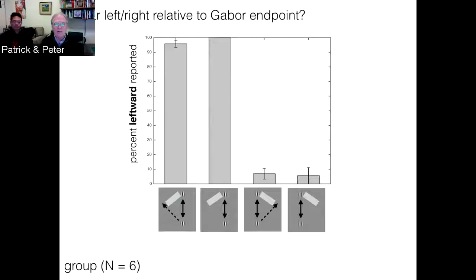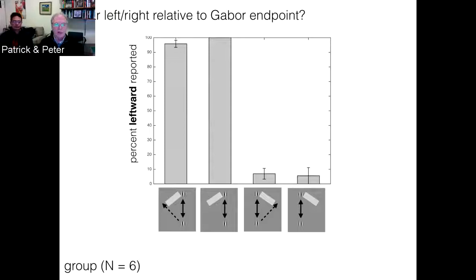Remember when I said some of the earlier tests were confounded by the possibility that the illusion was affecting the measurement probe, which in those earlier cases was a small test disk. But now we have this flashed bar. The subjects were asked in two ways, but here's the data from one way. They're just supposed to say, did the bar flash to the left or to the right of the offset?